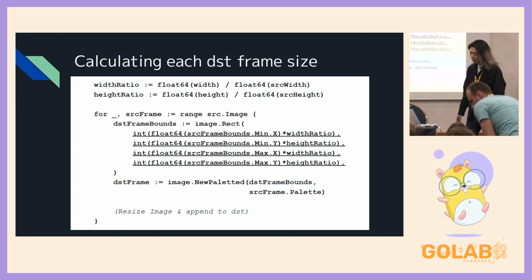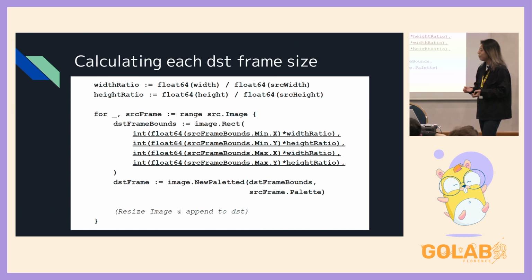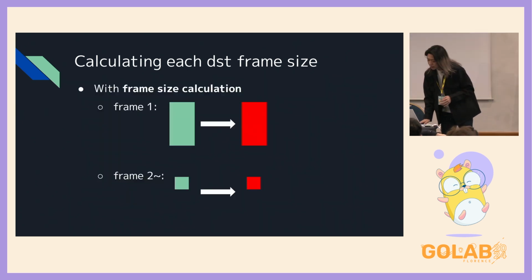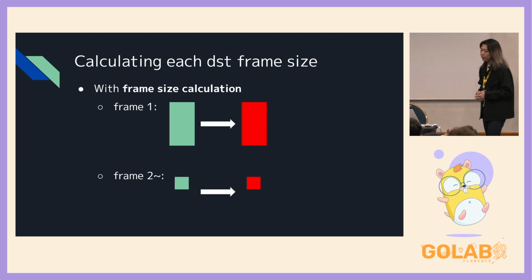Using the ratio we calculated, we determine the new size of each frame based on the original frame's dimensions, ensuring that the resized frame fits correctly. Finally, we resize the frame using the bound, as you can see here. With the frame size calculation, the problem is resolved.